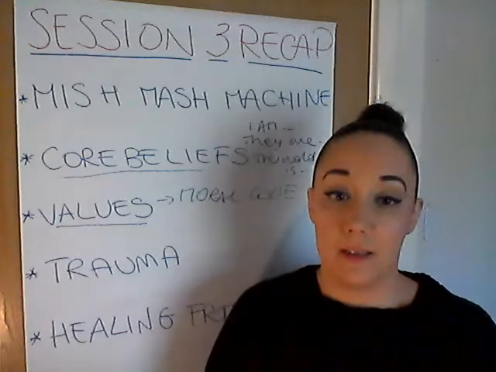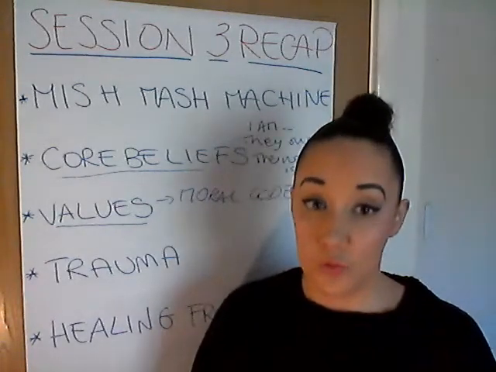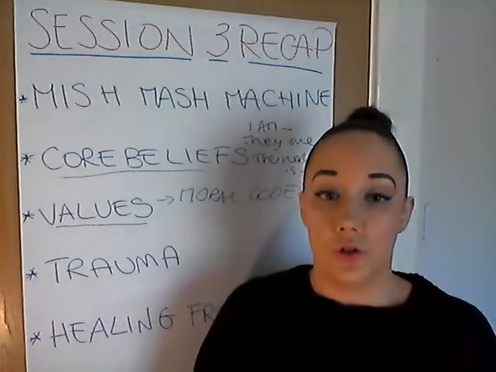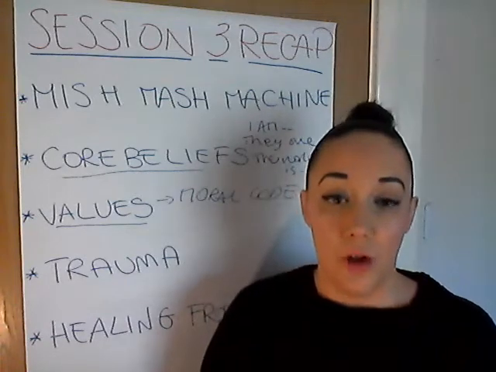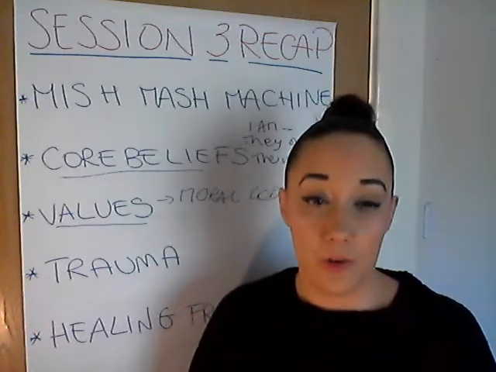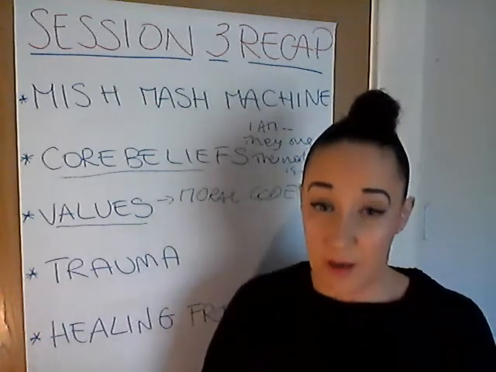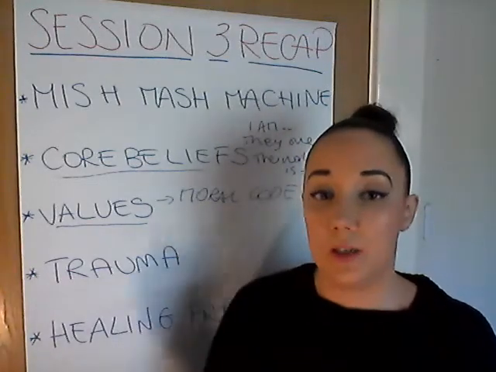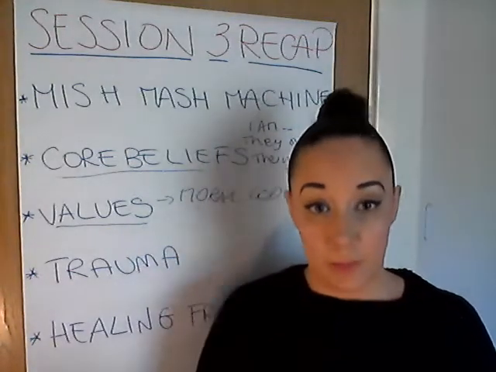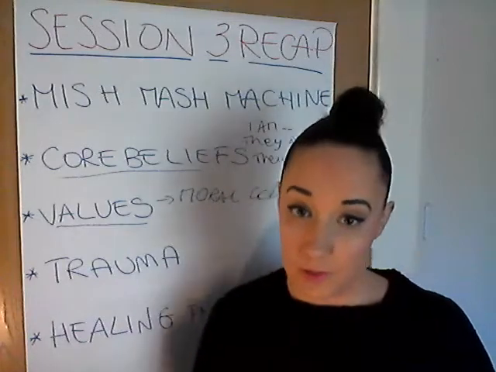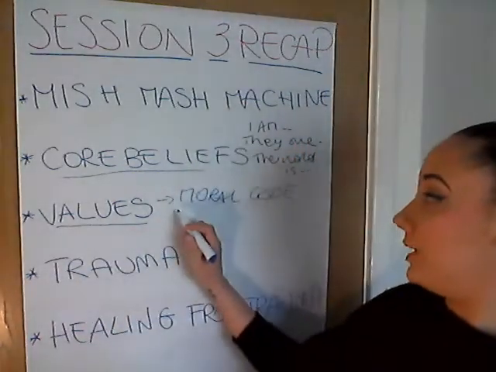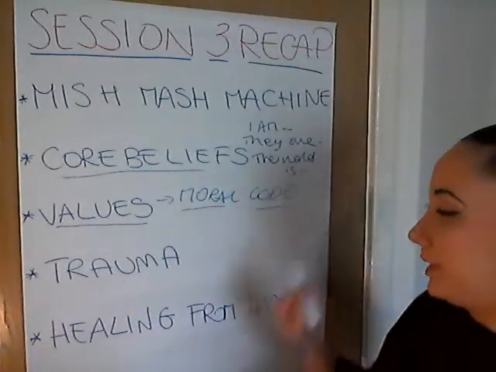Values can be negative as well. So you can choose your values, and you can choose the value to hurt people, for example, which would be a bad value. So once again, it's not as black and white as I put it out, okay? There are many shades, all right? But generally speaking, values are our moral code.